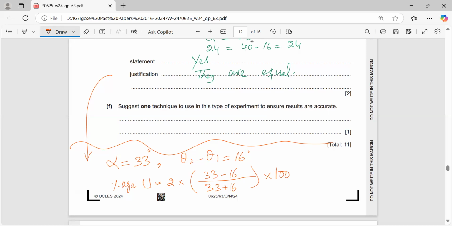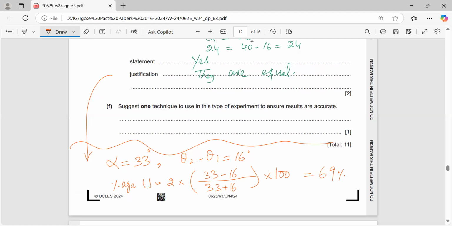So I'm going to do it now. 33 minus 16 equals 17, divided by 49, because 33 plus 16 is 49, times 200, because 2 here and 100 there, it comes to be 69%. So the percentage uncertainty is almost 70%.